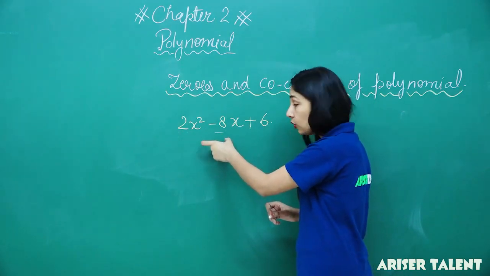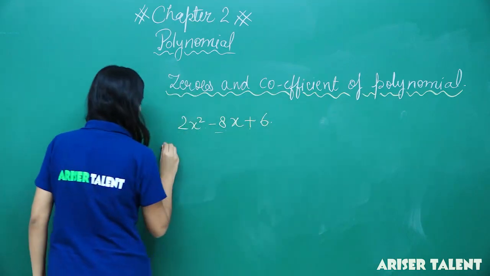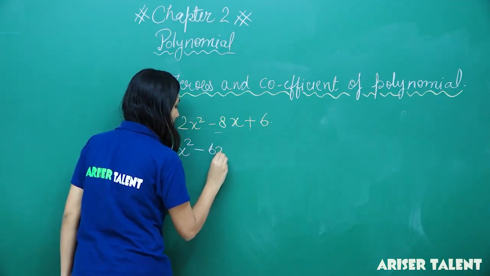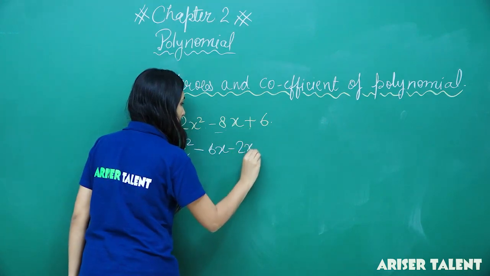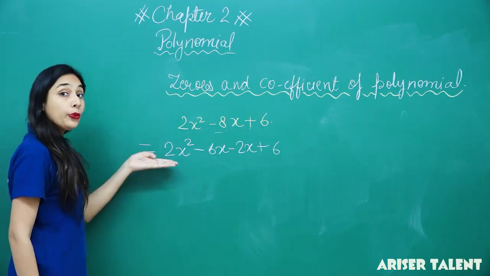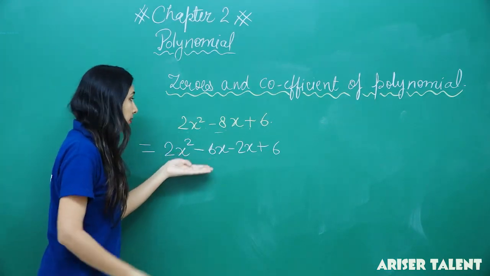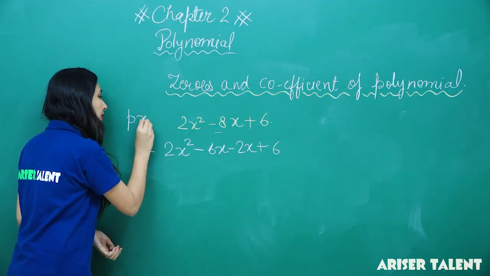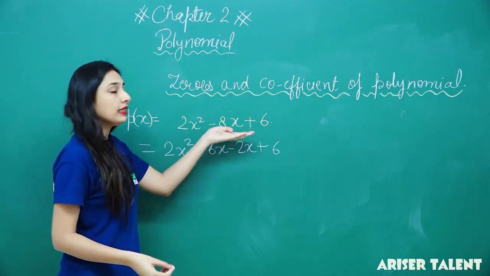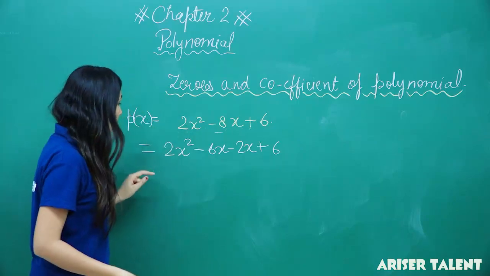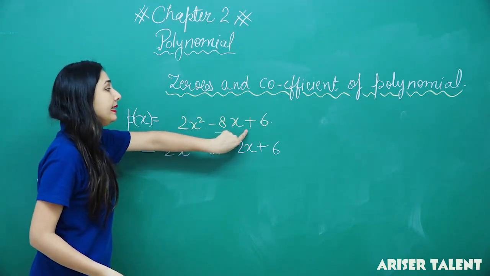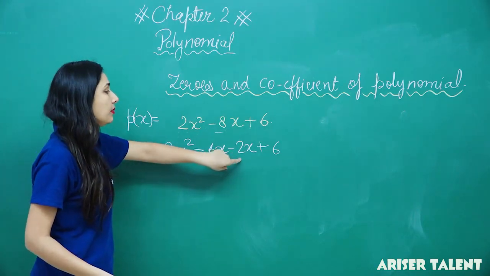Now, let me tell you, this can be rewritten as polynomial of x, 2x square minus 8x plus 6. Now, what we have done, we have written 8x as minus 6x minus 2x.